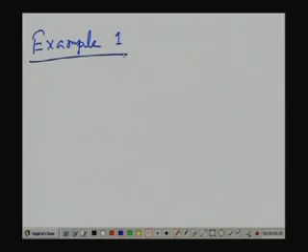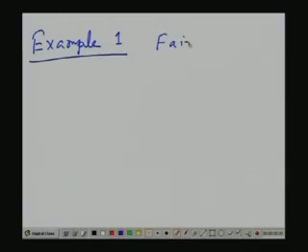Example 1. Suppose we consider this experiment, the fair die experiment. Fair means unbiased.